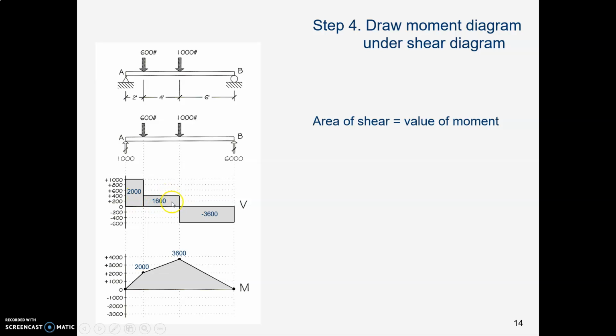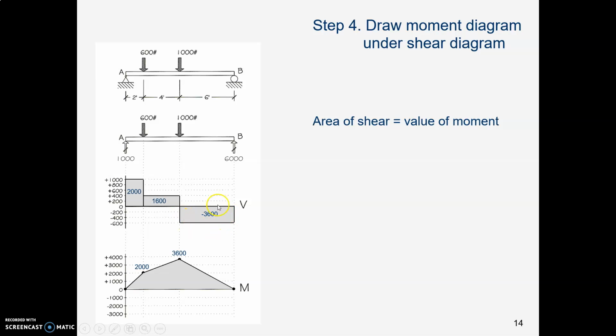Then the next chunk is 1,600 foot-pounds. It's 400 pounds times 4 feet, that's 1,600. So I added 1,600 on top of 2,000, and that took me up to 3,600 foot-pounds.